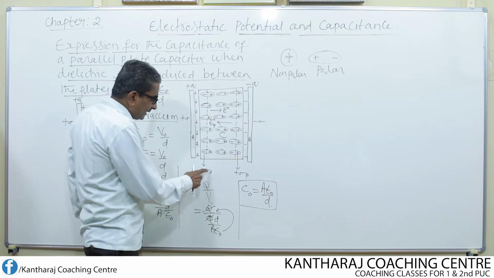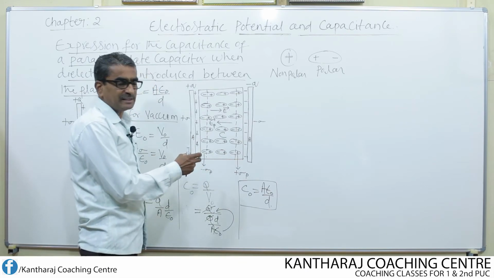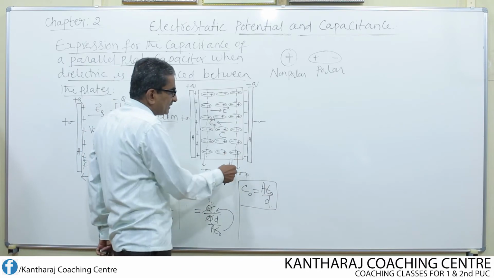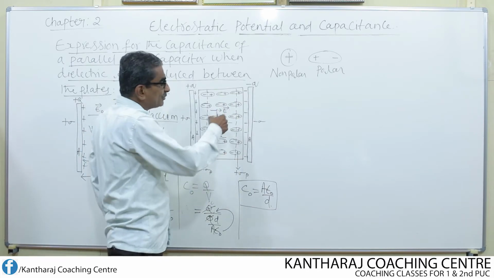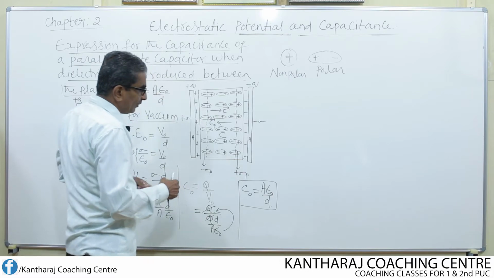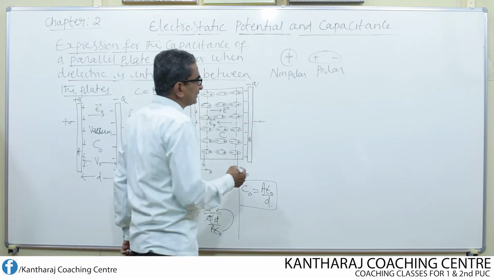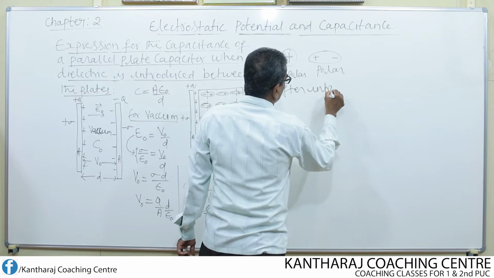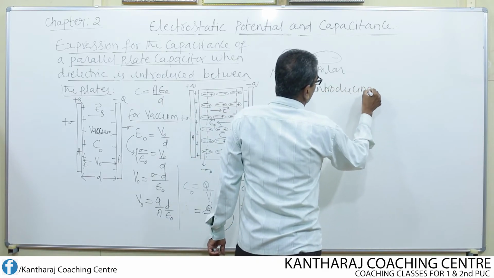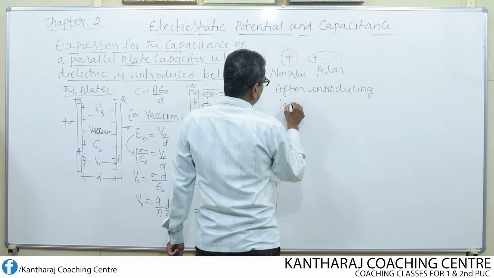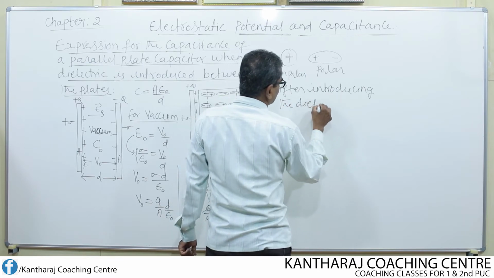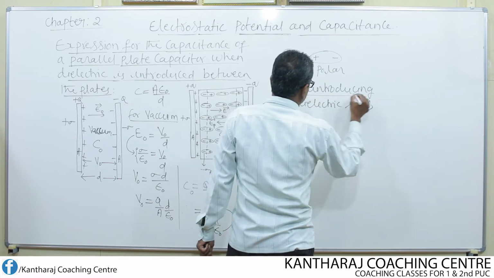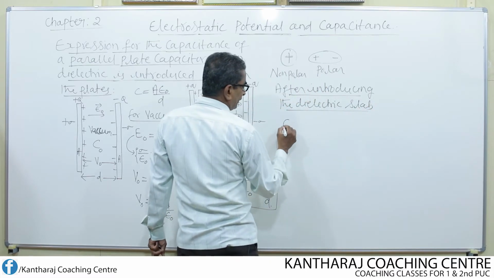So if I consider minus sigma p as the surface charge density of induced negative charge and plus sigma p as the surface charge density of induced positive charges, then once again I can write like this. This is after introducing the dielectric slab. What happens now? What's the electric field now?